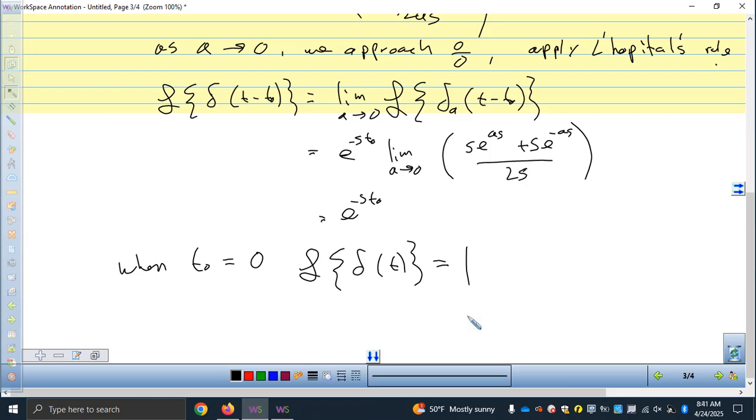The Dirac delta function, when t0 equals 0, has a Laplace transform of 1. And again, it's a different kind of function because our Laplace transform does not approach 0 as s approaches infinity. And we have those other strange properties with the integral in our properties of the delta function.